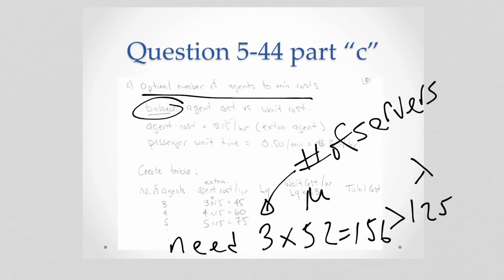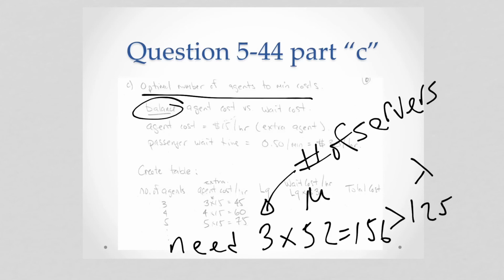There's no point in doing 2 servers because that won't work. It's going to have an infinite line. We're going to start at 3 because that's where we exceed the lambda. And the question is, where do we stop? We do 3, 4, 5, 6, 7. Where do we stop? Well, it's a very good question, and I will show you as we do this problem where we stop. So we'll clean that up and we are going to start the problem.